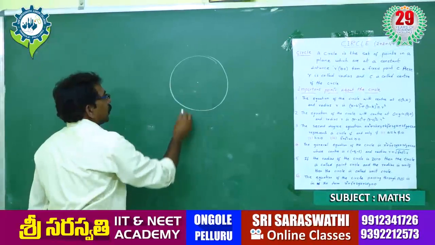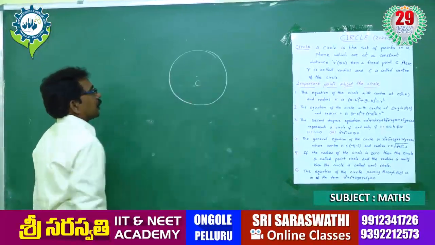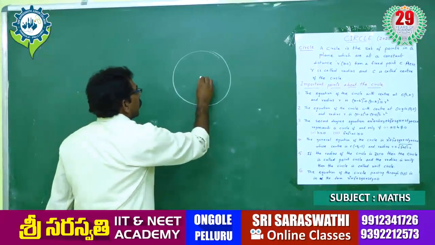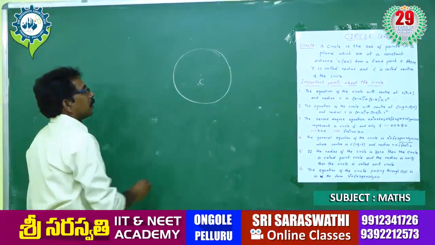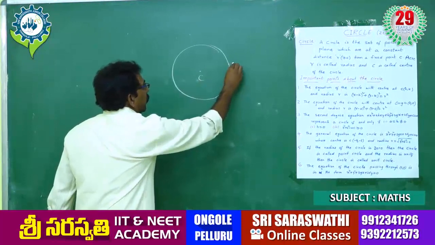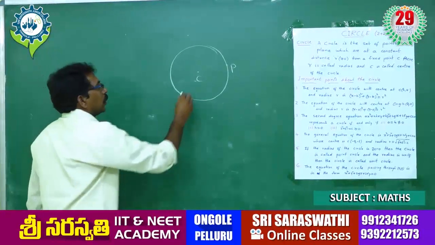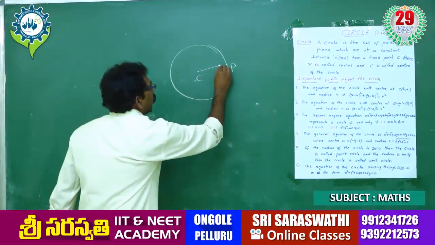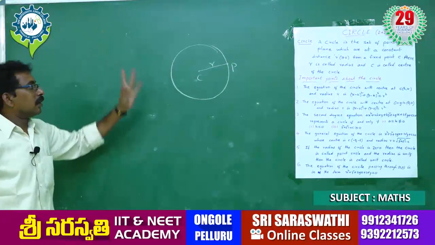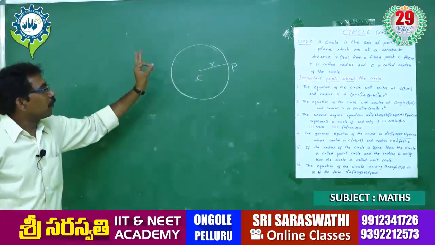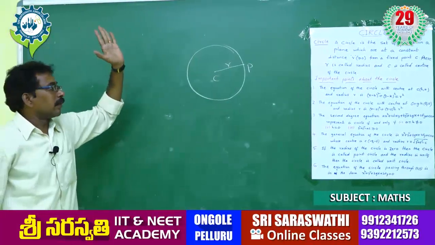This is the center of the circle C and let P be a point on the circle. So, the distance from C to P is called radius r. This is the definition of the circle.